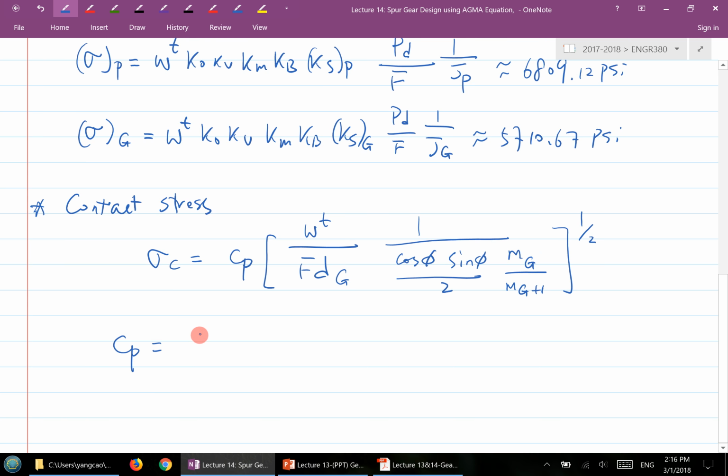Cp is called the elastic coefficient. Cp is a long equation. Cp is basically 1 over pi, and then 1 over 1 minus.